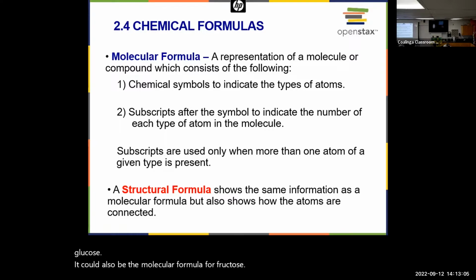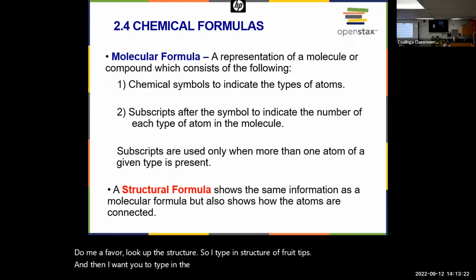How many of you have phones? Your cell phones. Do me a favor, look at the structure. Type in structure of fructose, and then type in the structure of glucose.